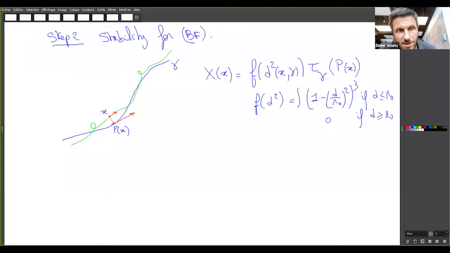So what is this R naught? It is this security radius where you have a unique projection point. So this R naught should be smaller than the inverse of the maximum of the curvature of the blue curve. Okay, it's the tubular neighborhood where all this is well defined. So in particular, this vector field is compactly supported. As soon as you are at a distance R naught from the curve, you are 0.